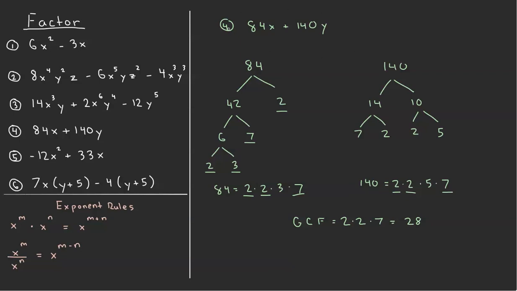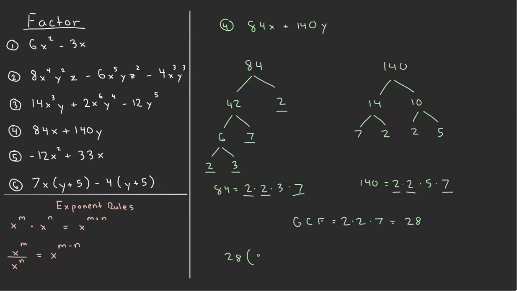So when we go to factor this now, let me factor it down here. Our GCF is 28 for 84 and 140. Then this one has an x, but this term over here does not, so we can't take out any x's. This term here has a y, but this term does not, so we can't take out any y's. So the GCF is just 28. Now 28 times what will get us back to 84?